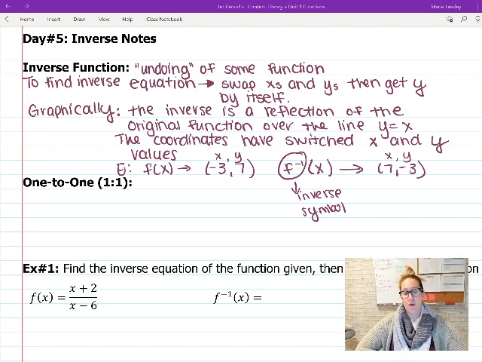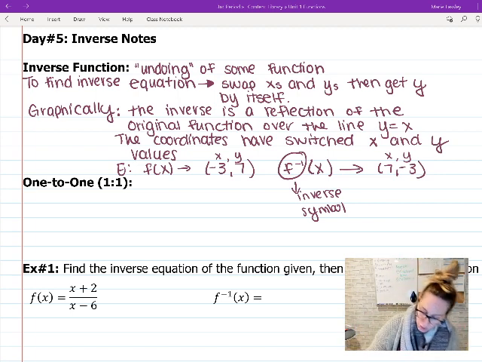All right, so now we're going to talk about something called one-to-one. There are not that many functions that we can consider to be one-to-one functions. They're actually special types of functions. A function that is one-to-one means that the original equation and the inverse equation are both functions.